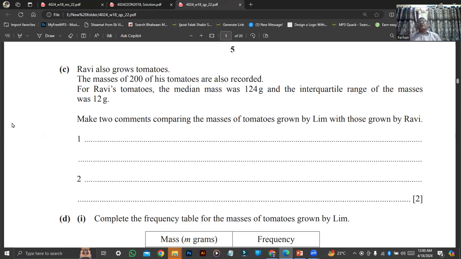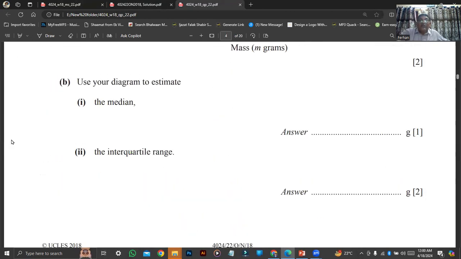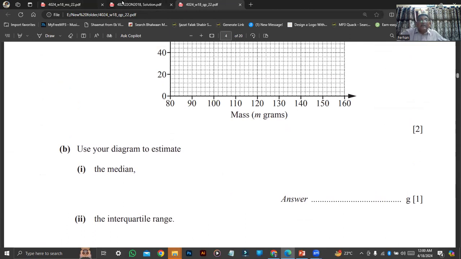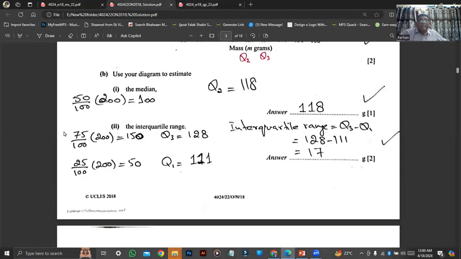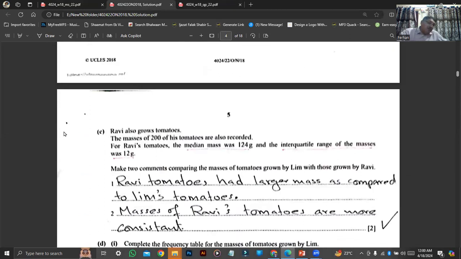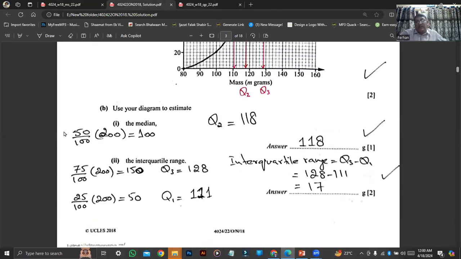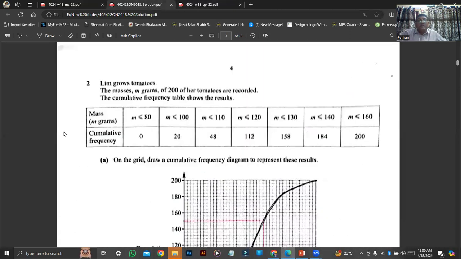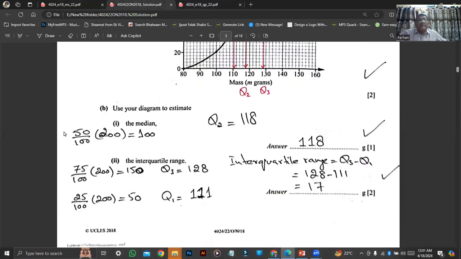Make 2 comments comparing the masses of the tomatoes grown by Lim with those grown by Ravi. The median for Ravi is 124 gram, and the median for Lim is 118.